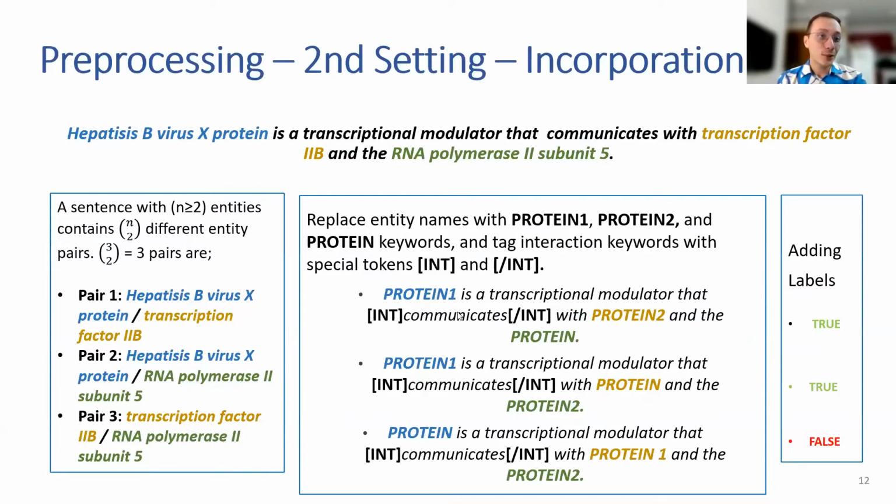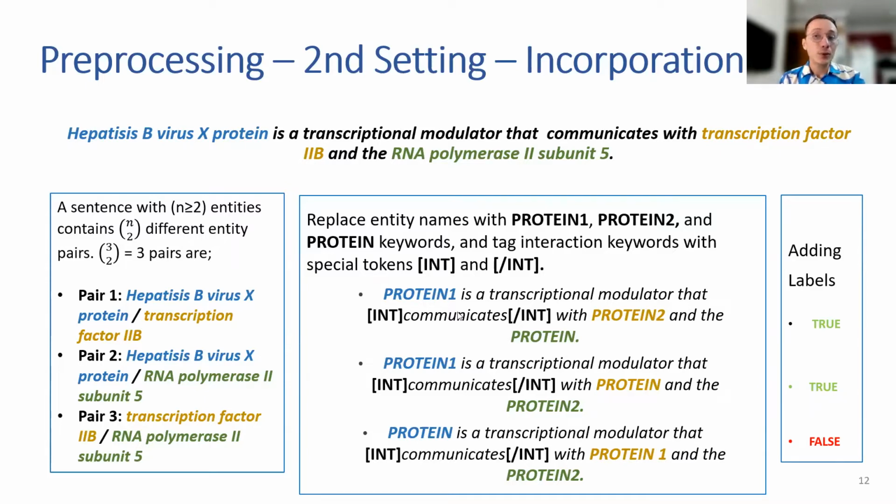So let's return to our pre-processing part. As a second setting, we also incorporated INO, and for this setting, we have applied a further pre-processing step on top of the first setting.